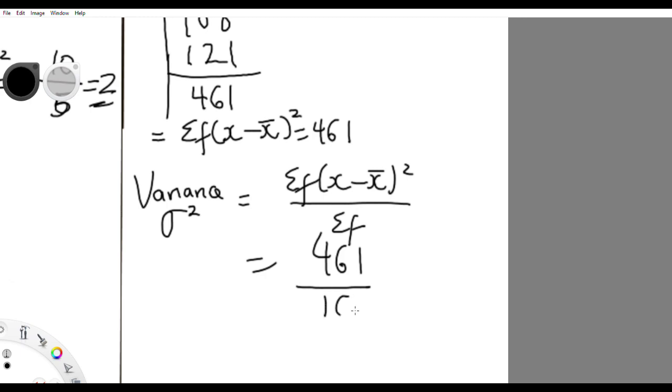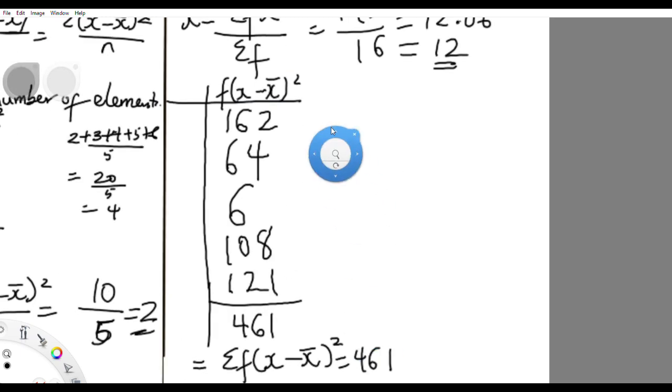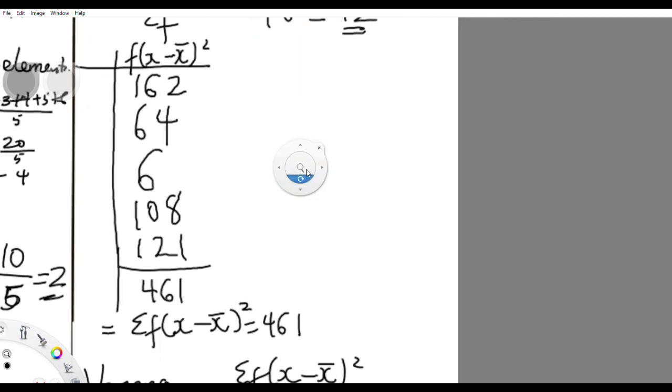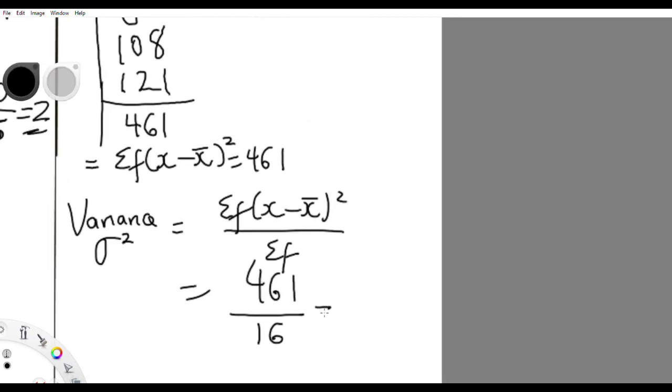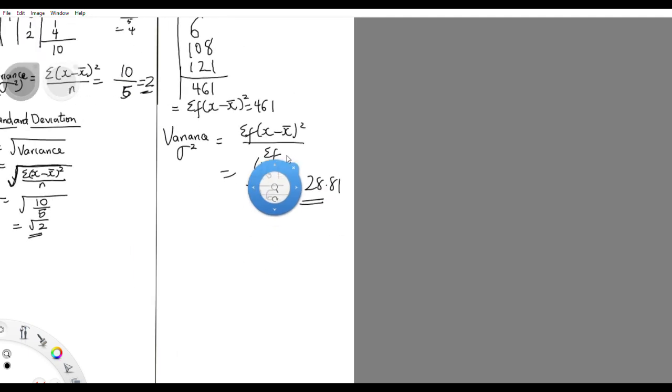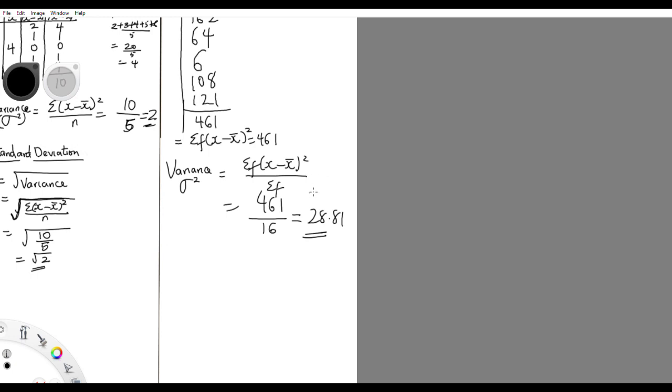Summation of f is 16, remember from the previous tutorial. Now punching that on my calculator, that's divided by 16, 28.81. That is the variance.